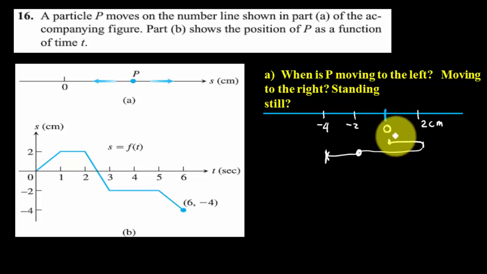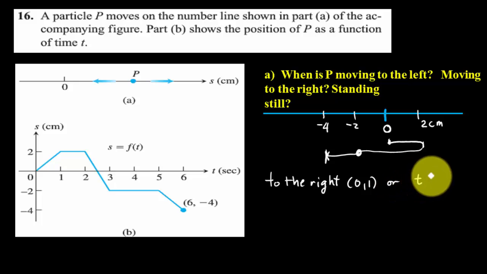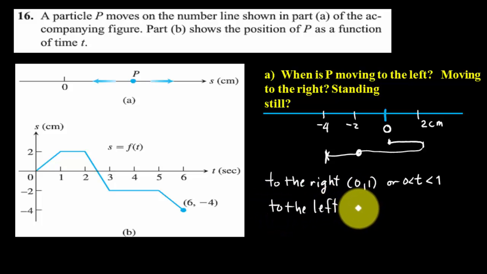So from its starting position at 0, we see that it's going to the right. So it moved to the right in what interval? From 0 to 1. Another way of writing that is t between 0 and 1. And then to the left, there are 2 intervals. We have from 2 to 3 and also from 5 to 6.